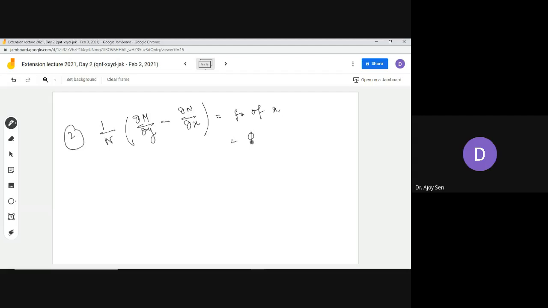So you say this is a function of x only. In this case, our integrating factor will be mu 2, which is nothing but e to the power integration phi 2 of x dx. This is the integrating factor in this case. Okay, so this is number 2.